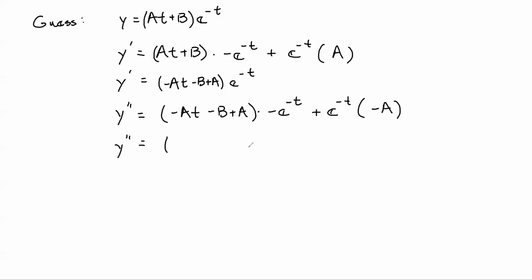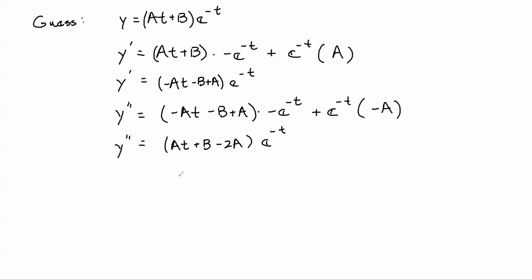So we're going to have something times e to the negative t. What is that something going to be? We're going to have negative at times a negative, so we're back to a positive at. We're going to have a negative b times a negative, so that's going to be a positive b. And then we're going to have a negative a and another negative a, so we'll have minus 2a.